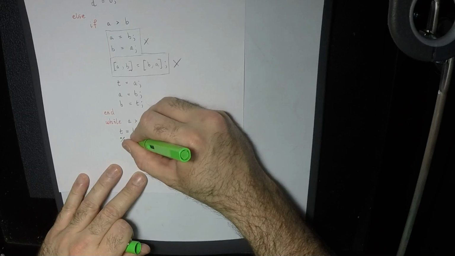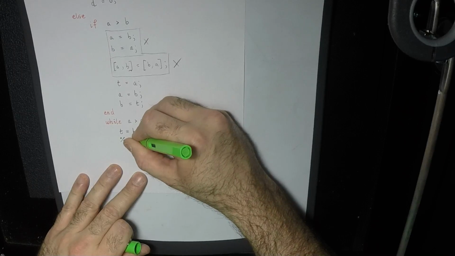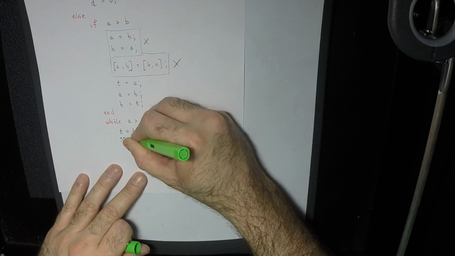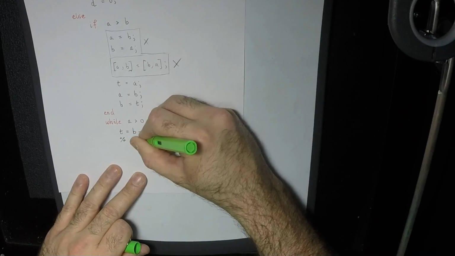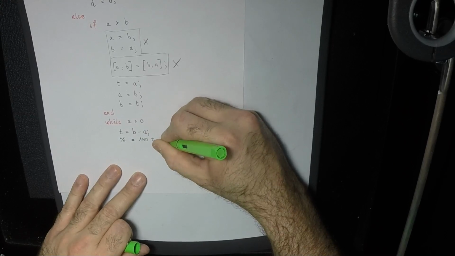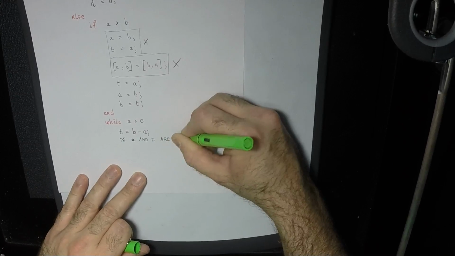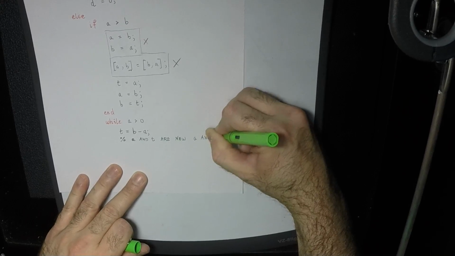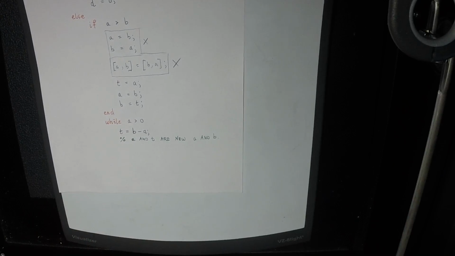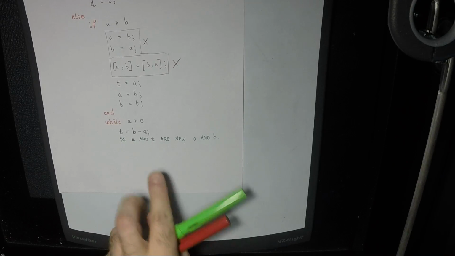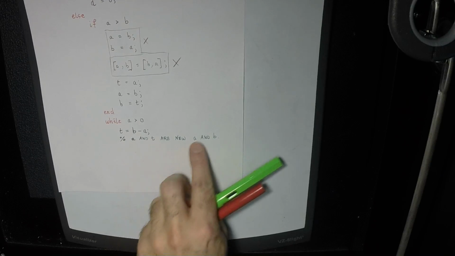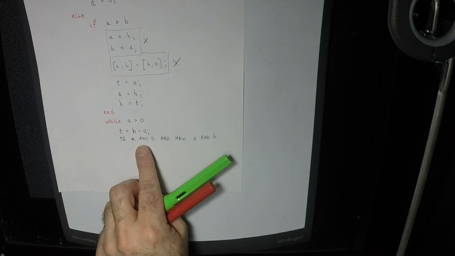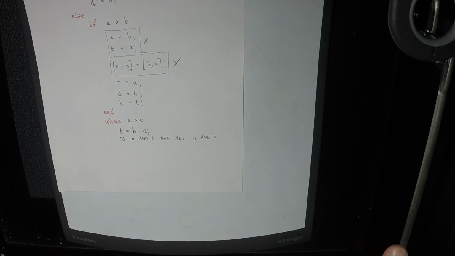Now, it's either the case that we need, well, I'll say it like this. A and T are the new A and B. So we were just working with A and B, and we've computed a T. What we need is, among A and T, we need the new A to be the lesser, and we need the new B to be the greater.